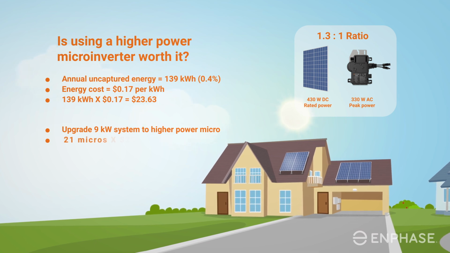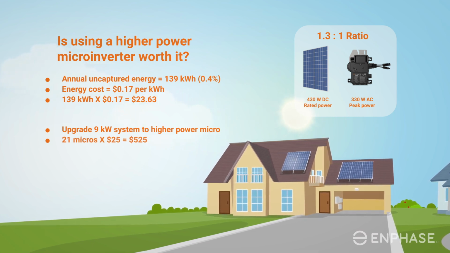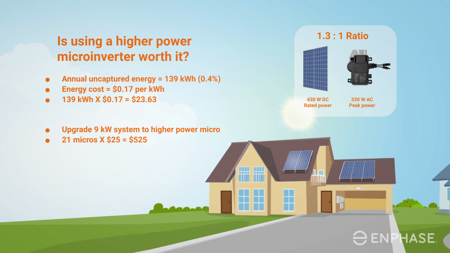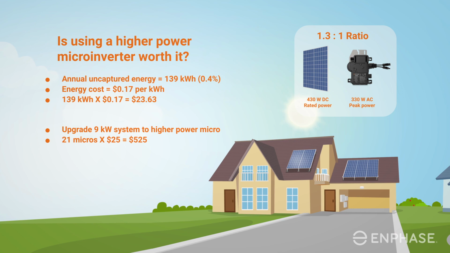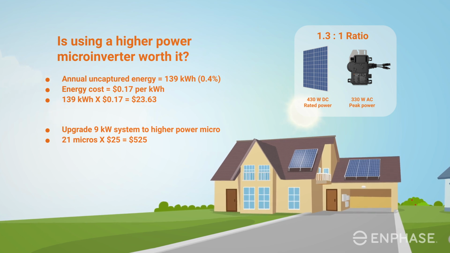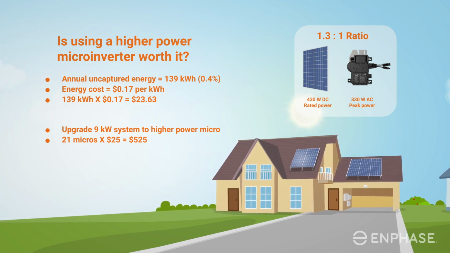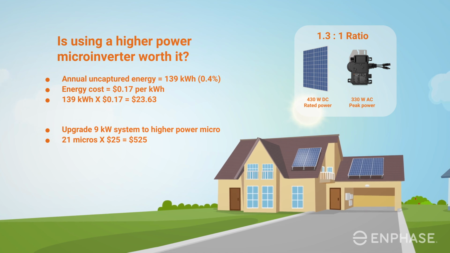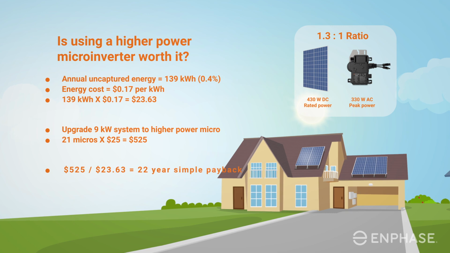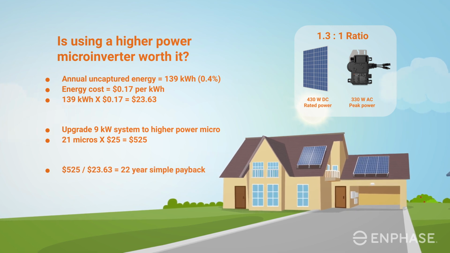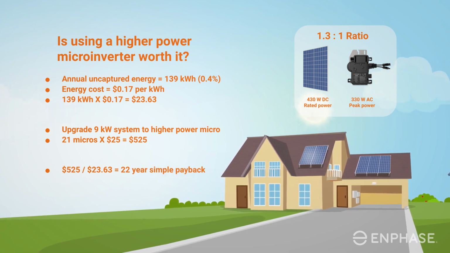At a price difference of $25 for each micro, the total additional cost is $525. Is it worth spending an additional $525 on higher power micros to capture only about $24 worth of additional energy per year? Dividing $525 by $23.63 tells us that it would take about 22 years to pay for itself.